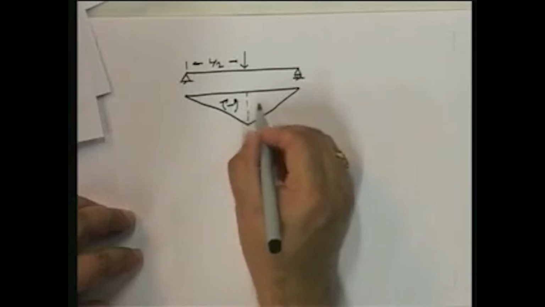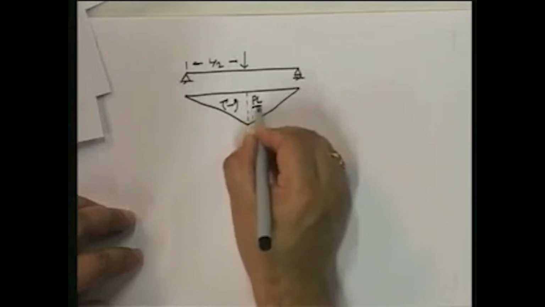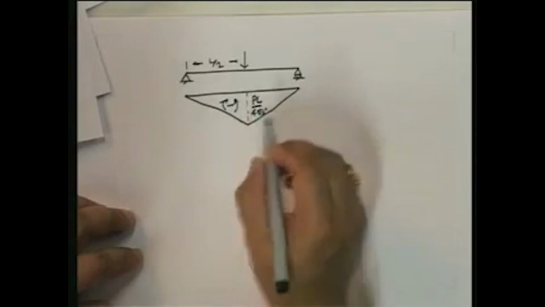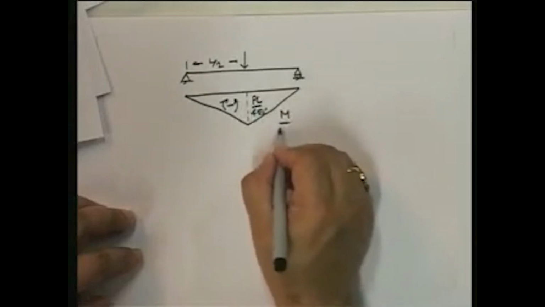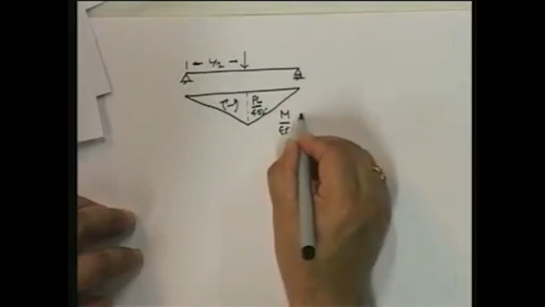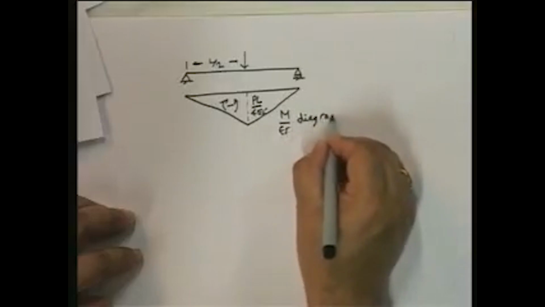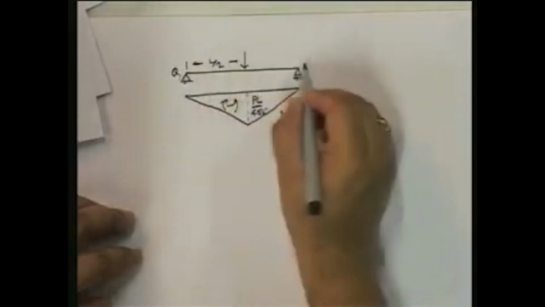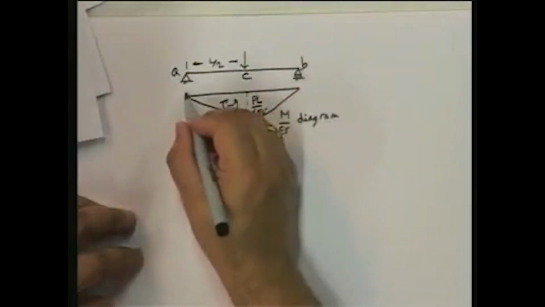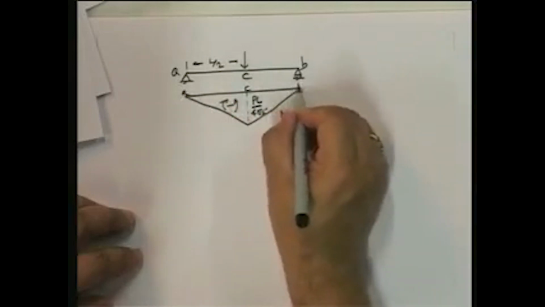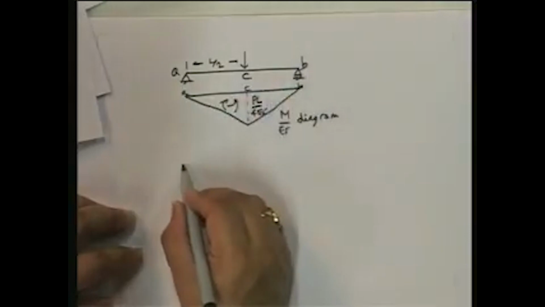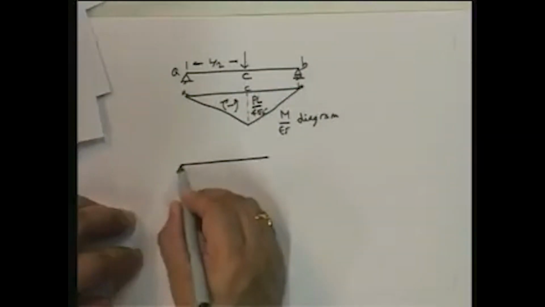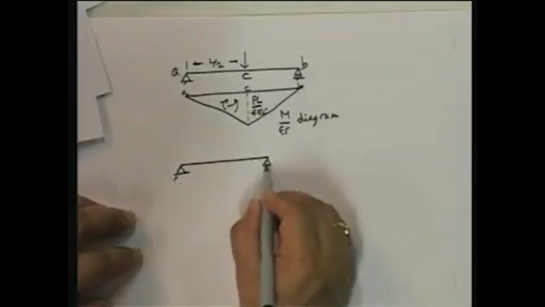I'm just drawing it all over again, so that for EI, this is my M by EI diagram. And now I want to find out, this is A, this is B, this is C, A, C, B. And now I want to find out theta BA. So theta BA, what do I apply?